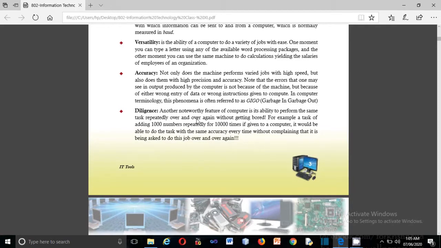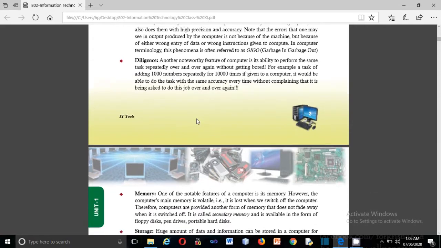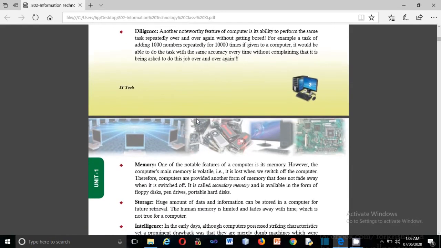So the things which take so much time and need to be done repeatedly, we simply give to the computer so that the task will be done, and obviously the computer doesn't get bored of doing the same thing again and again.